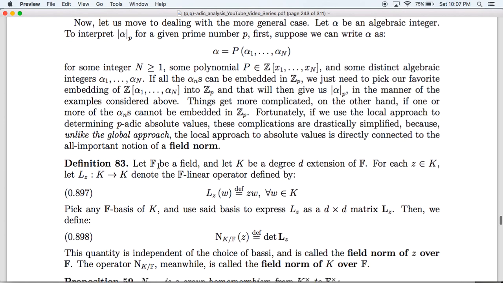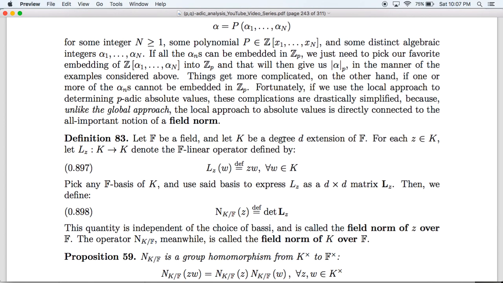Let F be a field, and let K be a degree d extension of F. For each z in K, let L_z be the linear operator on K given by left multiplication. Pick any F basis of K, and use said basis to express L_z as a d by d matrix, bold L_z. Then we define the norm of z, the K over F norm of z, as the determinant of bold L_z.